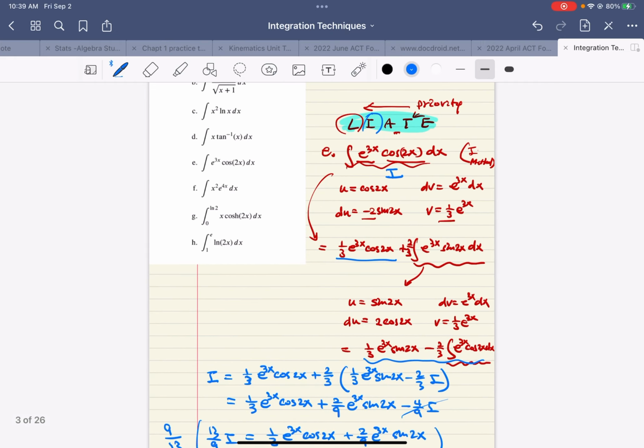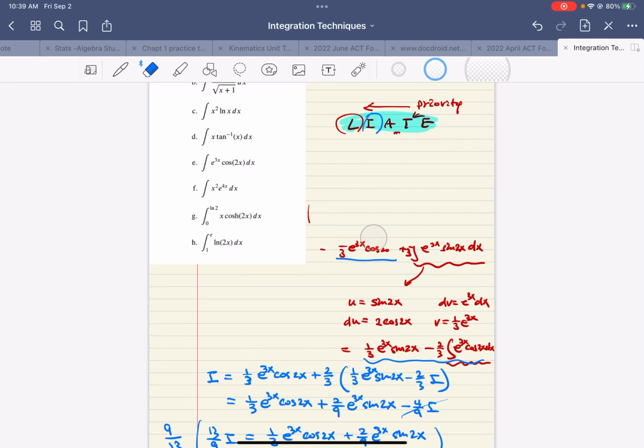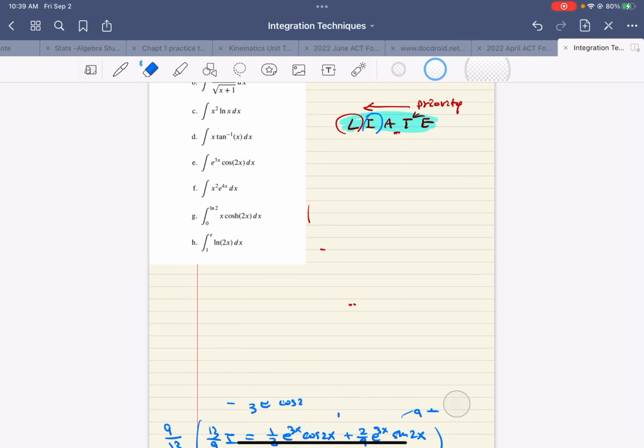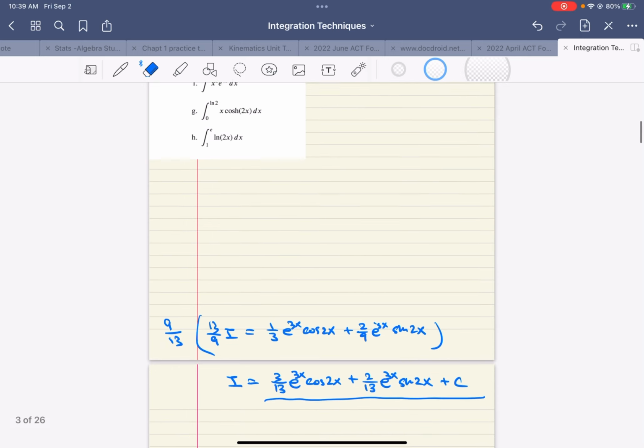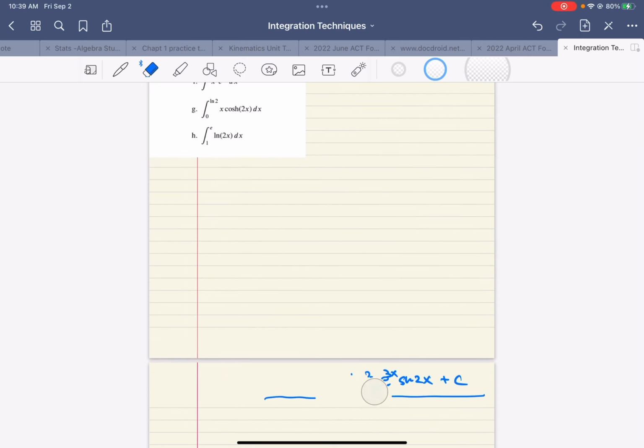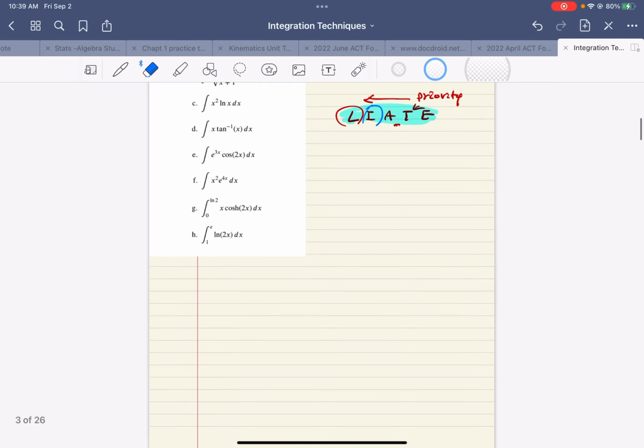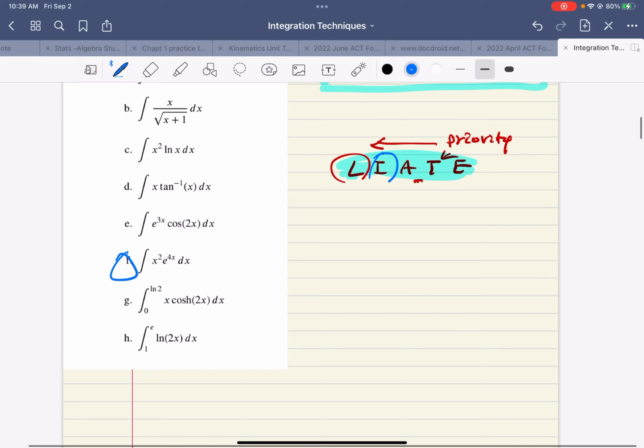Then F. F here: x squared and e to the 4x dx, right?